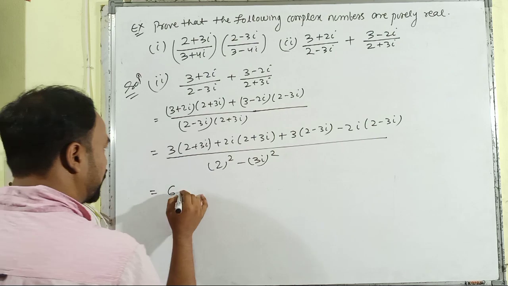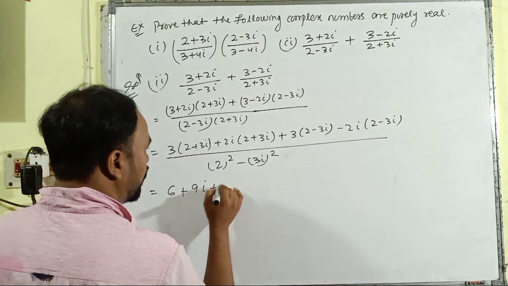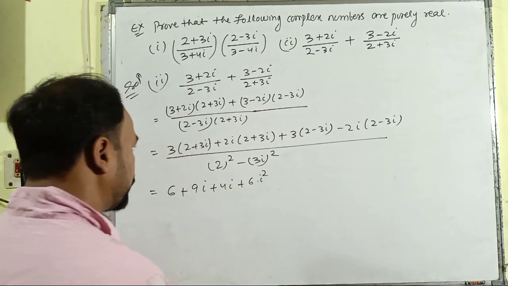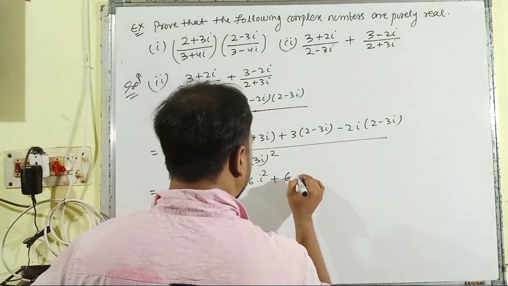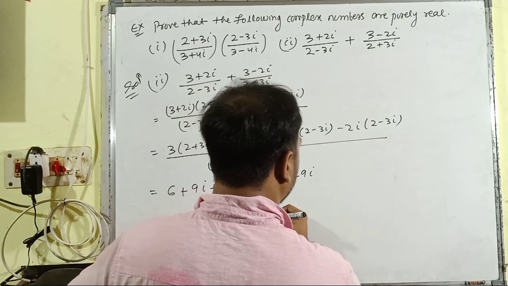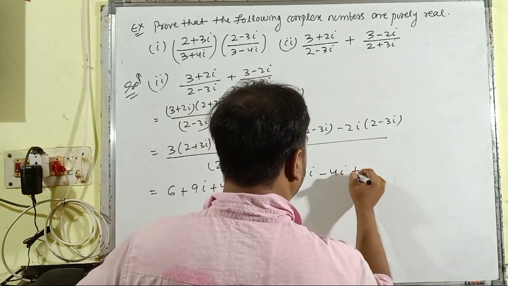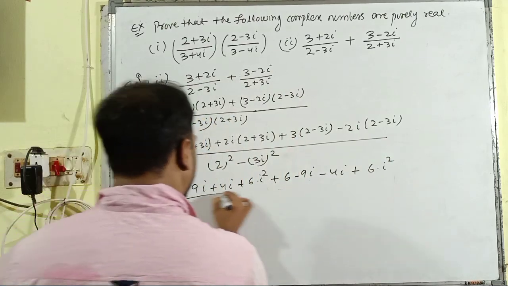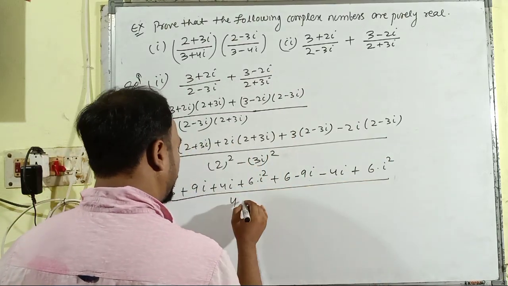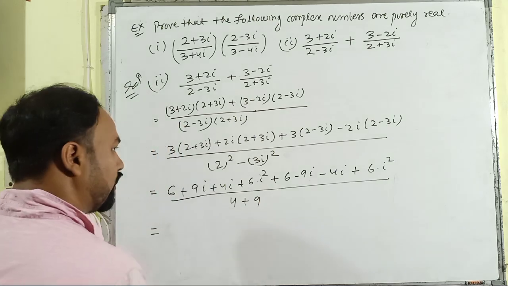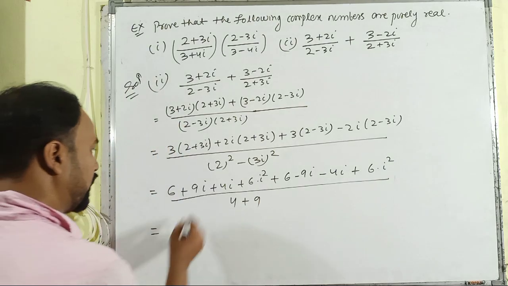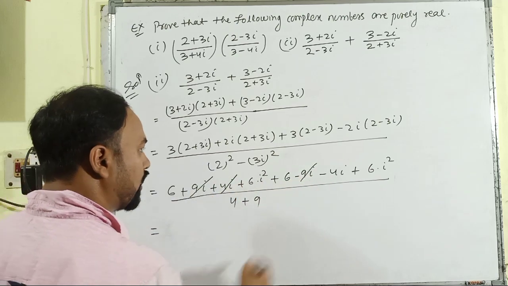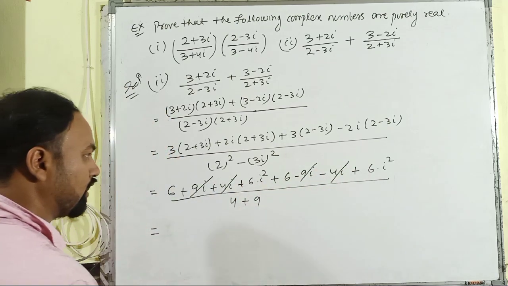Then it is 6 plus 9i plus 4i plus 6i², then 6 minus 9i minus 4i plus 6i², whole divided by 4 plus 9. Then plus 9i minus 9i cancels here, plus 4i minus 4i cancels here.